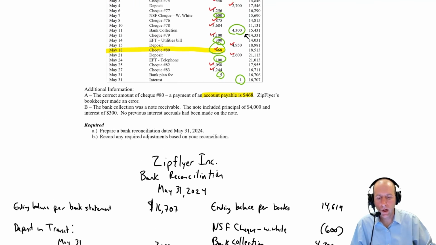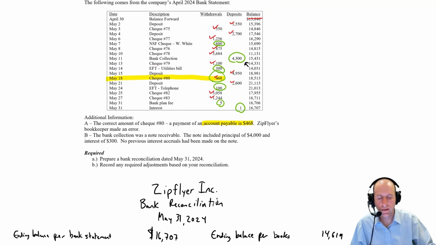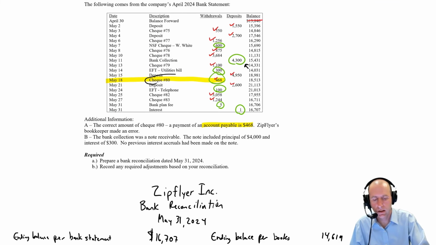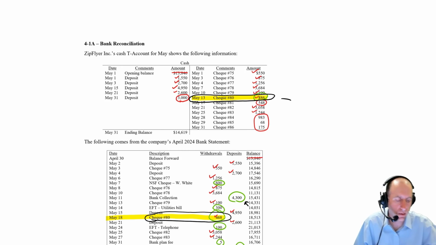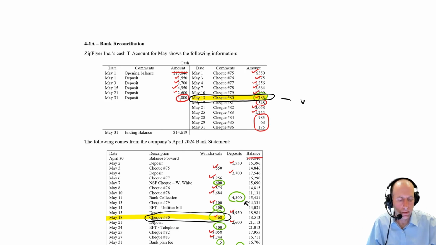So the only thing we've got left to deal with is this check number 80 for $468. We have mistakenly recorded it as a check for $486. We screwed up. So again, what did we say here?